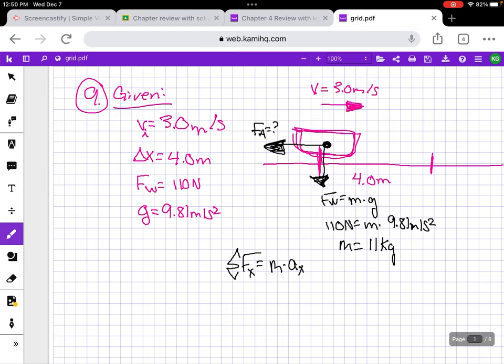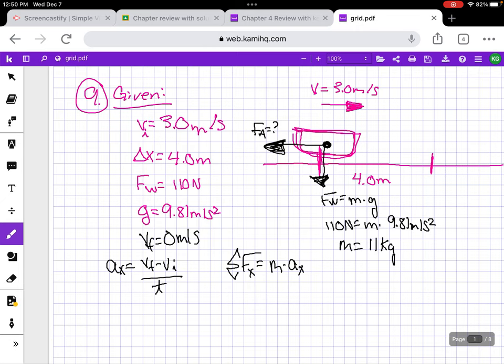We were given the initial speed, and if it comes to a stop, we know that v final is going to be 0 meters per second. Remember this is one-dimensional acceleration, so acceleration is equal to v final minus v initial divided by time, but we don't know time.